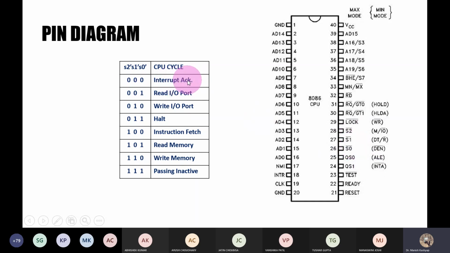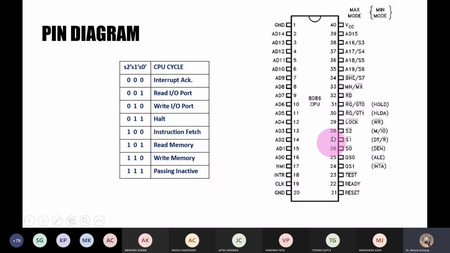One thing to notice here is that these are only three pins, but with these you can make 2 raised to the power of 3, that is a total of 8 combinations. So 3 pins can have 8 different meanings depending upon their values. However, if you were using only the INTA bar pin as one pin, it only had one meaning.